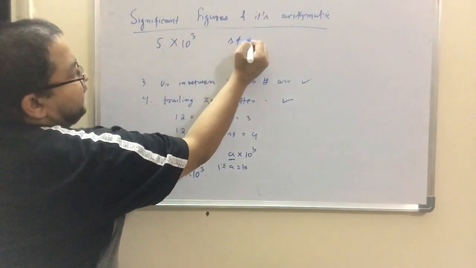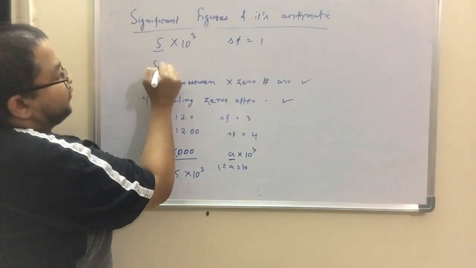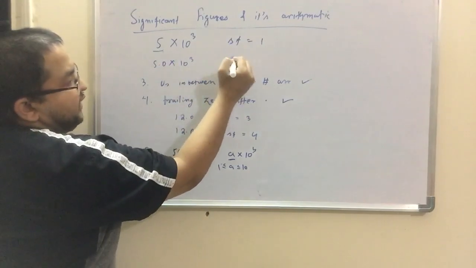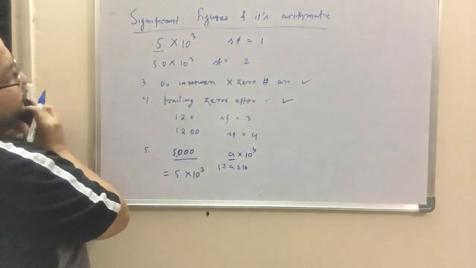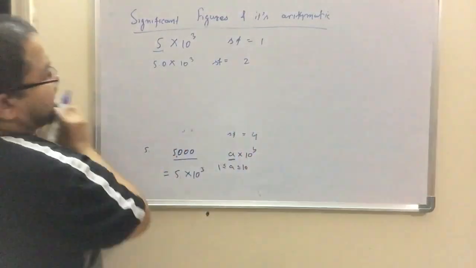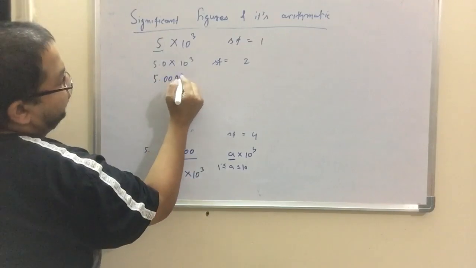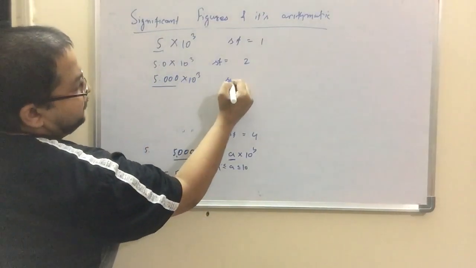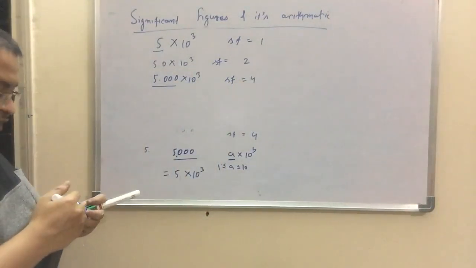The number of significant digits is only one, it is 5. If he or she says it's 5.0 into 10 to the power 3, we understand that number of significant digits is 2. If it is expressed as 5.000 into 10 to the power 3, we would understand that number of significant digits equals 4. So this is how that calculation will be done.